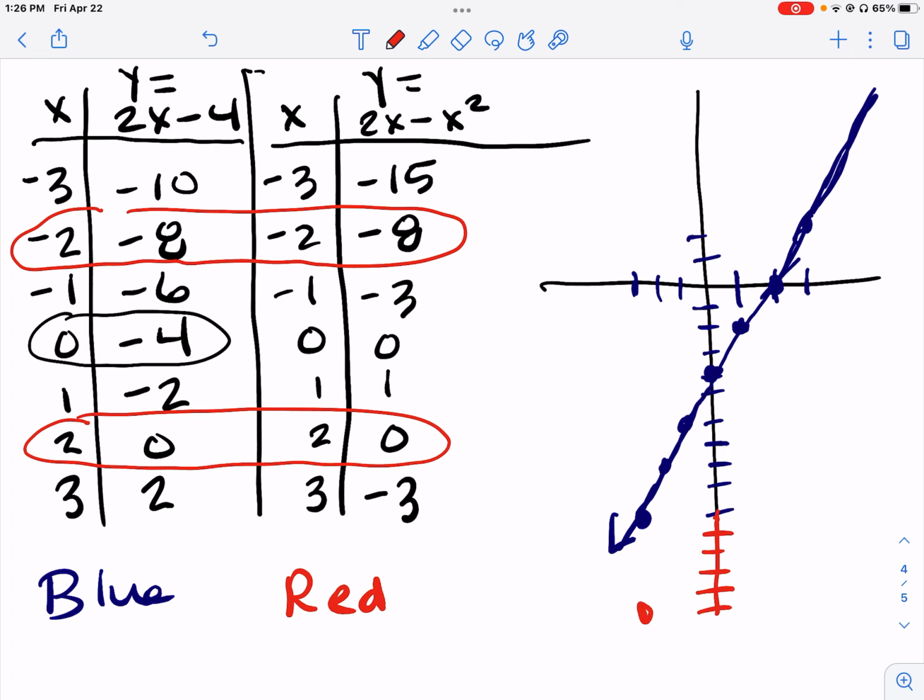Okay, so at -3, -15, -2, -8. Okay, so it goes through here. -1, -3. 0, 0, 1, 1, 2, 0. Okay.